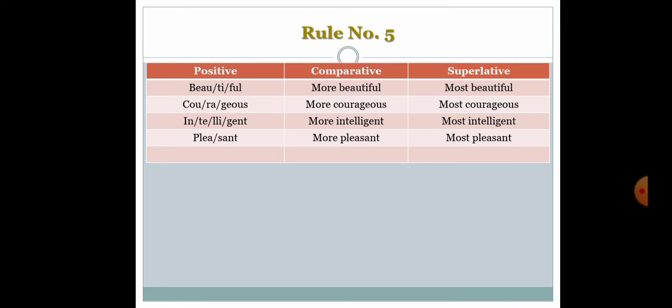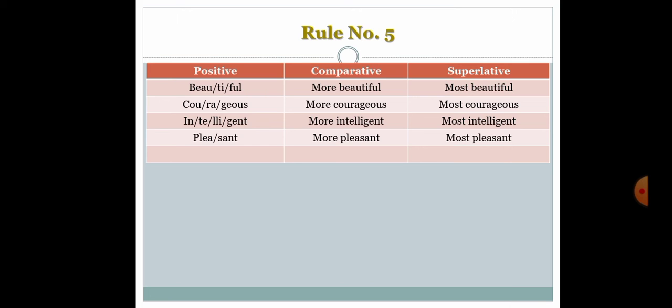Second one, courageous. Third one, intelligent. And last one, pleasant. So the adjectives which have more than 2 syllables take more before them in the comparative form and most before them for the superlative form.